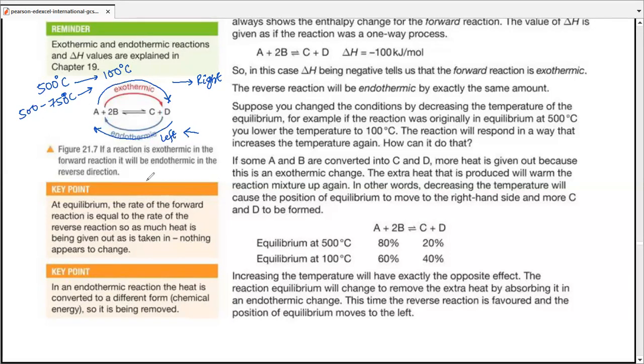It would break down some products, form some reactants, try to cool the system down and bring the temperature back down as much as it can. Make sense? Yes. Good, good. Then you do understand the system is like the naughty child who is trying to do exactly the opposite of what he's told.